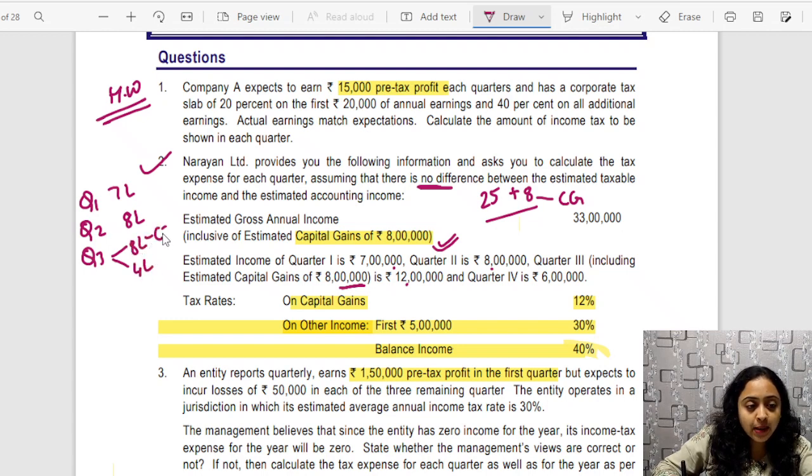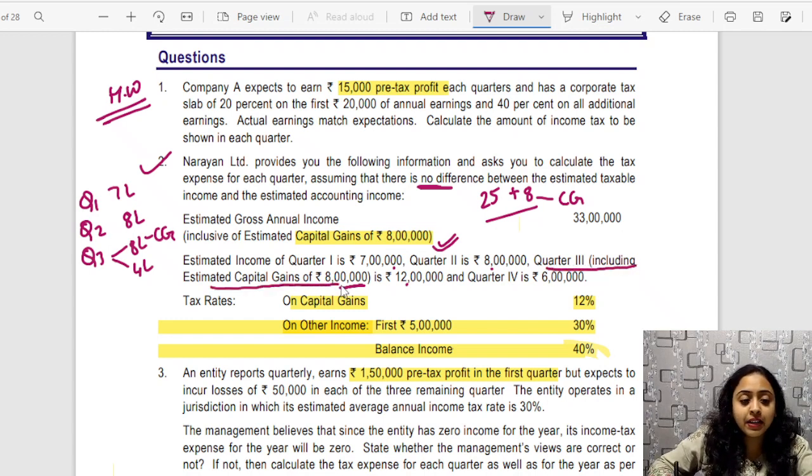This is capital gain. How do you know? Because 8 lakh rupees is capital gain, which is given over here, that quarter 3 includes estimated capital gain of 8 lakh. Total income is 12 lakh for quarter 3. 8 lakh is capital gain and the remaining 4 lakh is other income. And quarter 4 is 6 lakh.